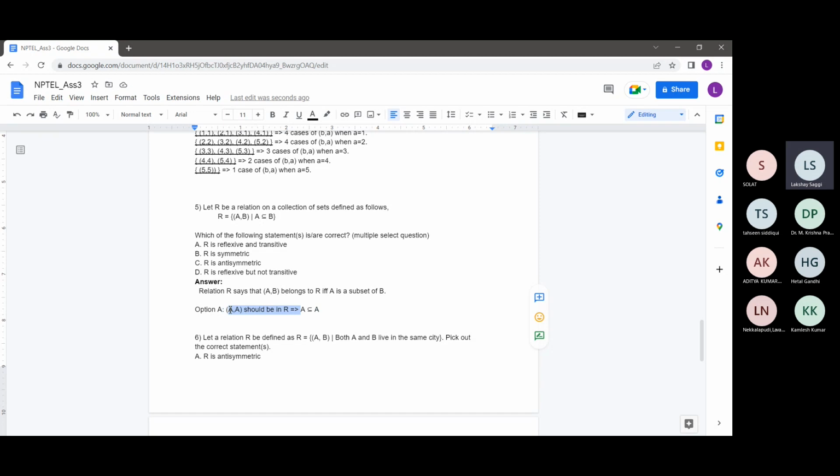Or maybe I'll just write it in the opposite sense. Since we need to check for reflexive, basically we need to check the element A comma A, whether A comma A is in R. And it is true since A is a subset of A. Basically, a set is a subset of itself, right, guys?